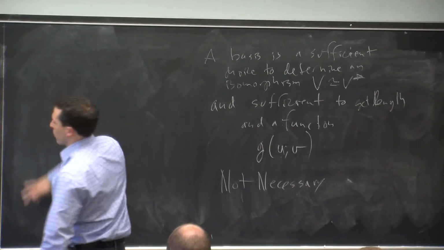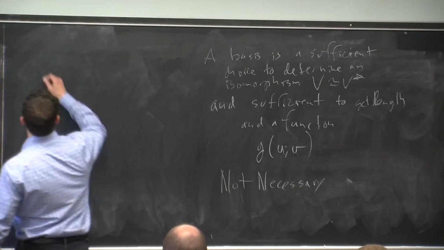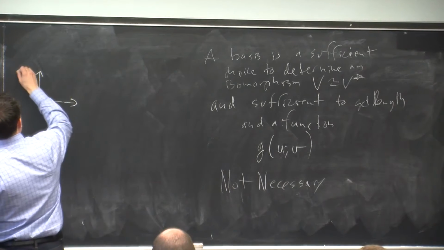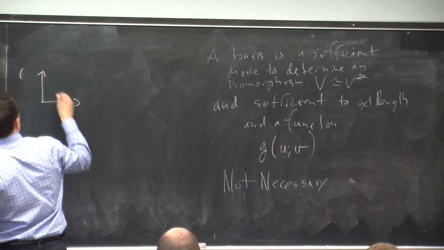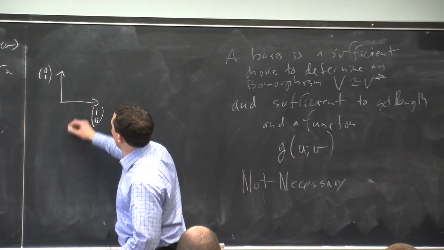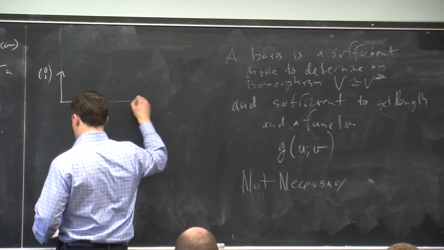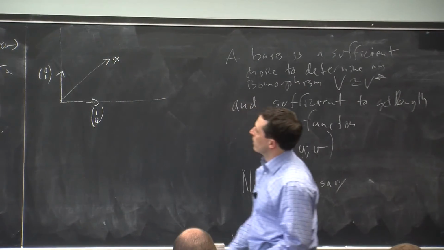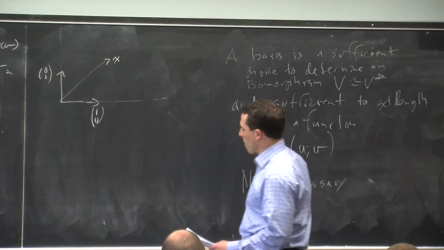So consider the blackboard as a two-dimensional vector space, and let's pick a basis of it that's a quote-unquote standard basis, (1, 0) and (0, 1). And let's consider some vector, call it x, in this blackboard.